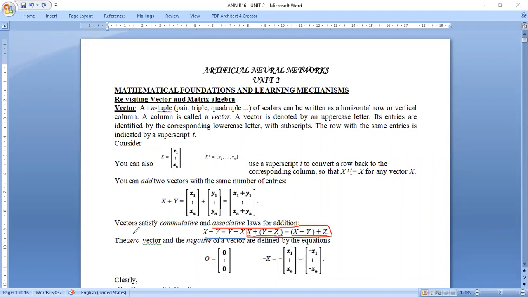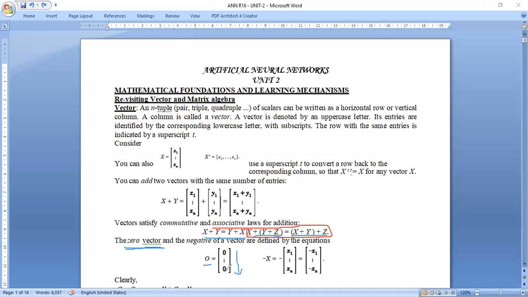Now we are going to know what a zero vector is and how to represent the zero vector. The zero vector is represented with O or 0. It's a capital O. And the entries in this vector are small zeros.